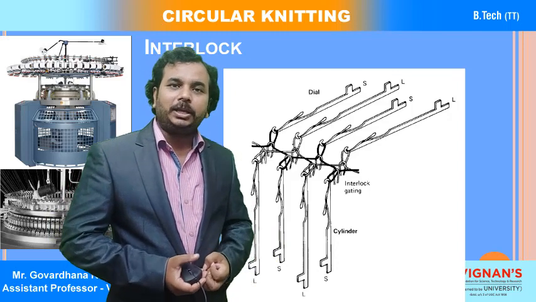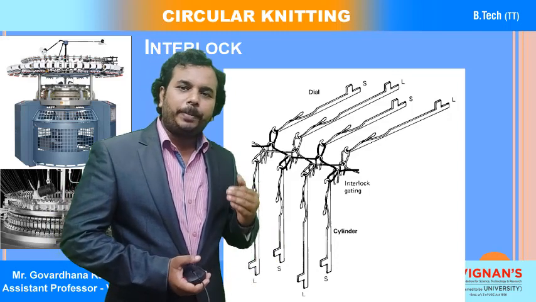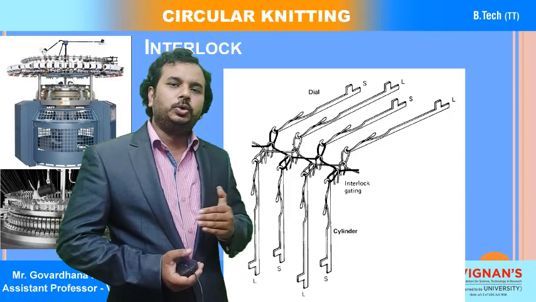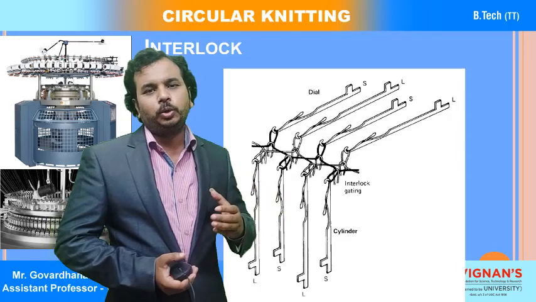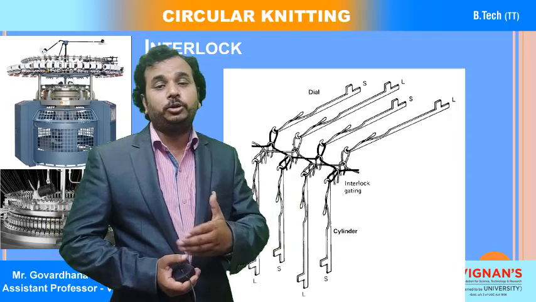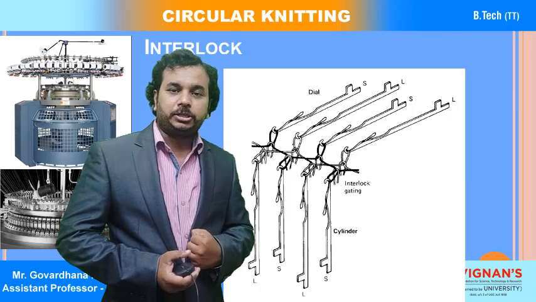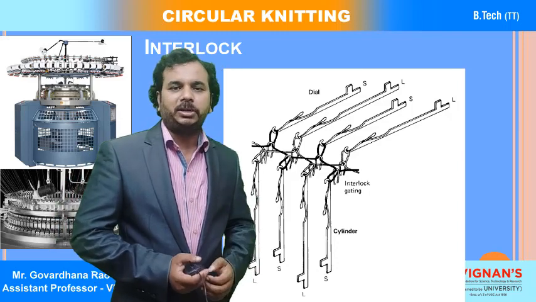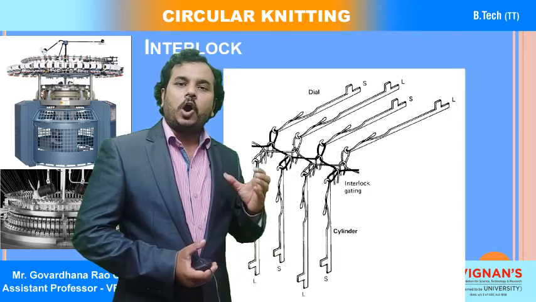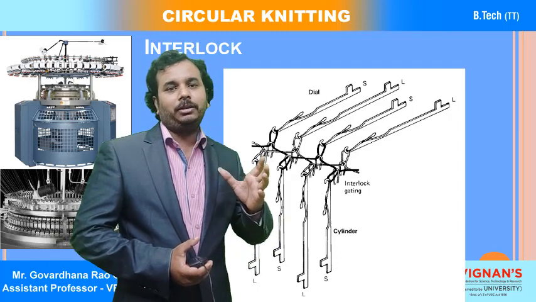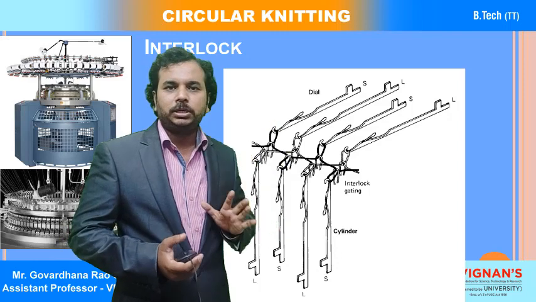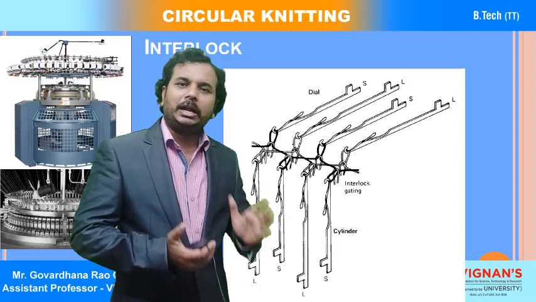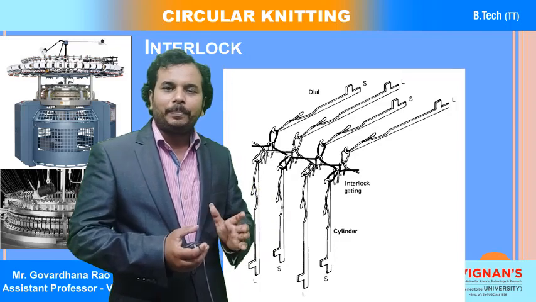Now, to produce the interlock fabric structure, two loops should be formed in the knitting machine. One course in the interlock fabric structure is when all short needles in the cylinder and dial make loops, and then the long needles in the cylinder and dial form the second course.